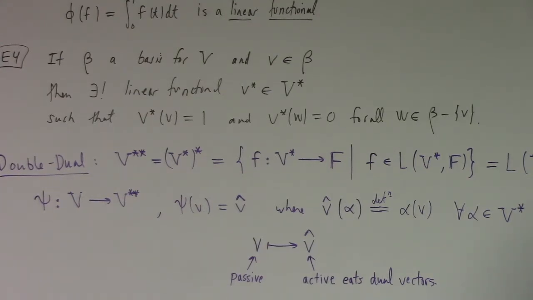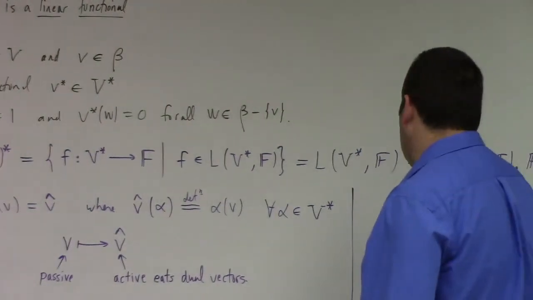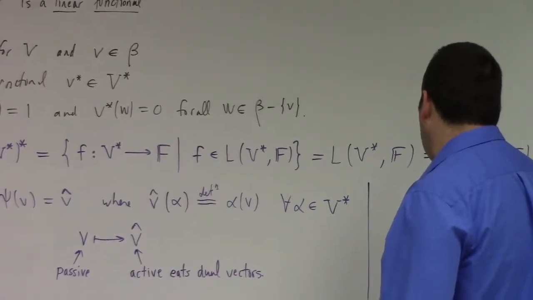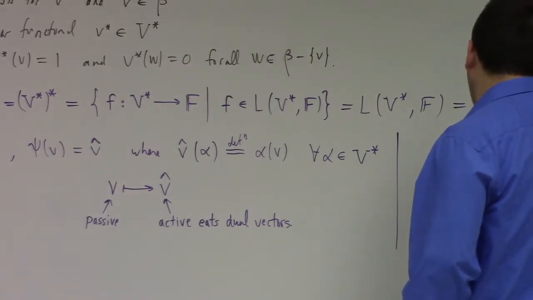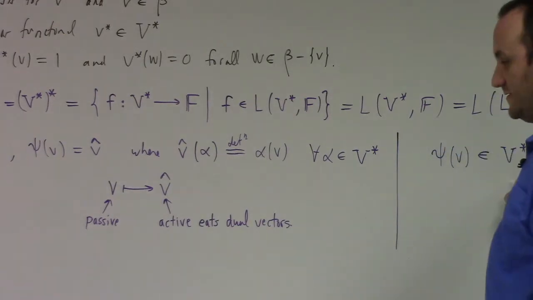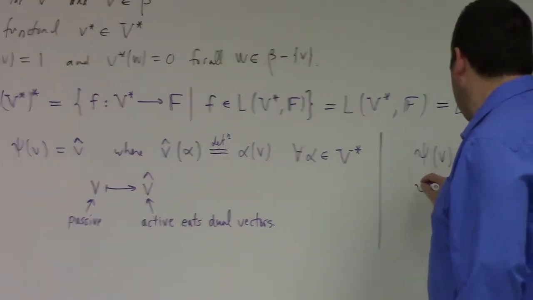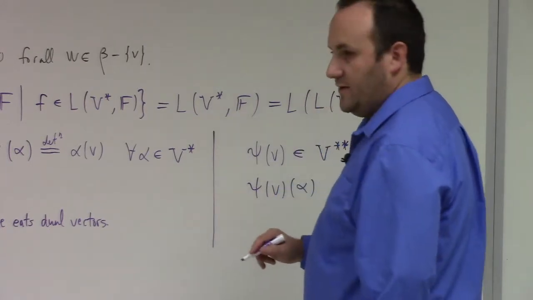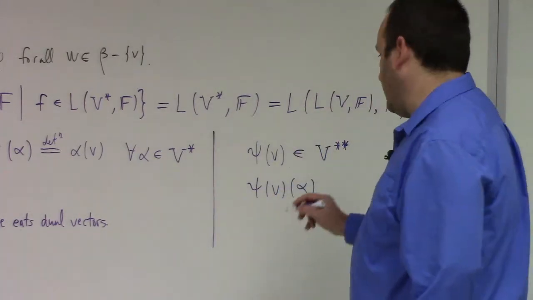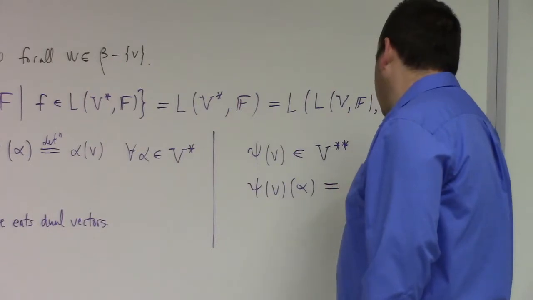So we're talking about psi of v, which should be an element of what? V double dual, right? So how do you define something in here? You have to define it by how it acts on what? An element of the dual space. And so that is alpha of v.